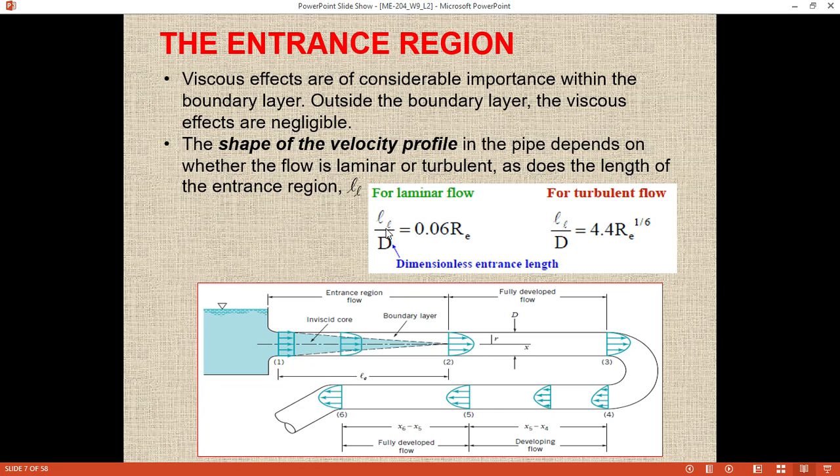We can find that by using this formula if the flow is laminar. If the developing flow is turbulent, we can determine the entrance length by using this formula. Okay, and we can get the entrance length.